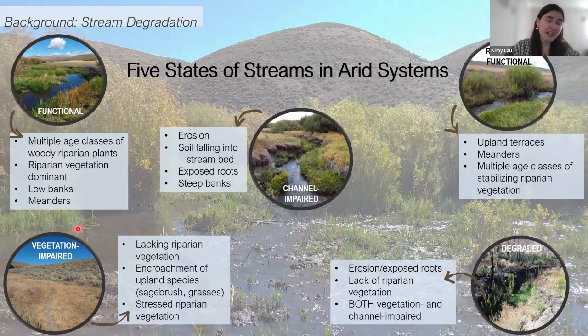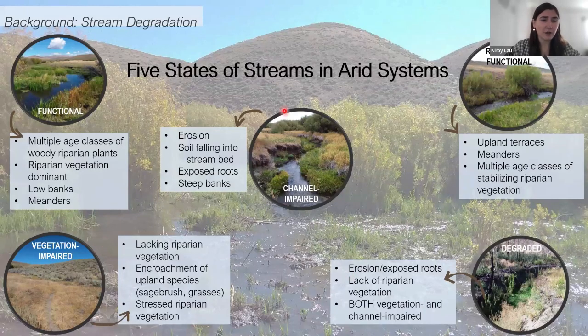For a vegetation impaired stream, you'll notice a lack of riparian vegetation, encroaching upland species like sagebrush and upland or pseudo-riparian grasses moving into the riverbed. And then you'll also see stressed riparian vegetation, so browning, not looking super healthy.